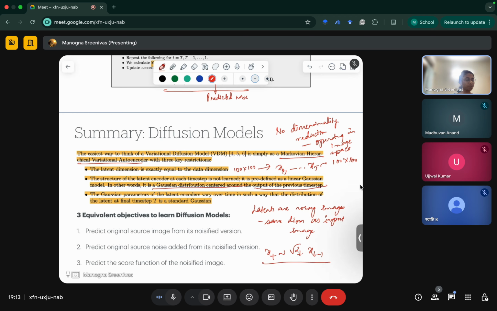So at every time step, the mean is centered around the previous time step. So this is the encoder form, and the Gaussian parameters of the latent encoders, the parameters which define the Gaussian of the latent side, are chosen such that at the final latent time step, capital xt becomes Gaussian. So it is a variation, that's why it's called a hierarchical VAE.